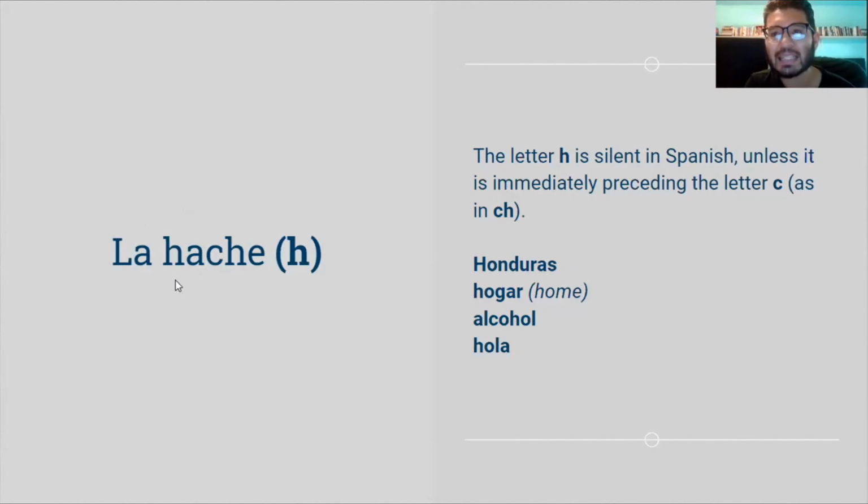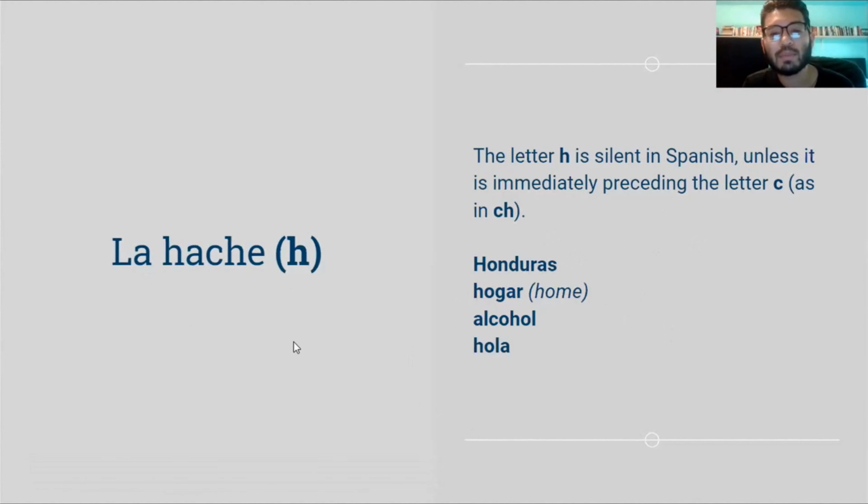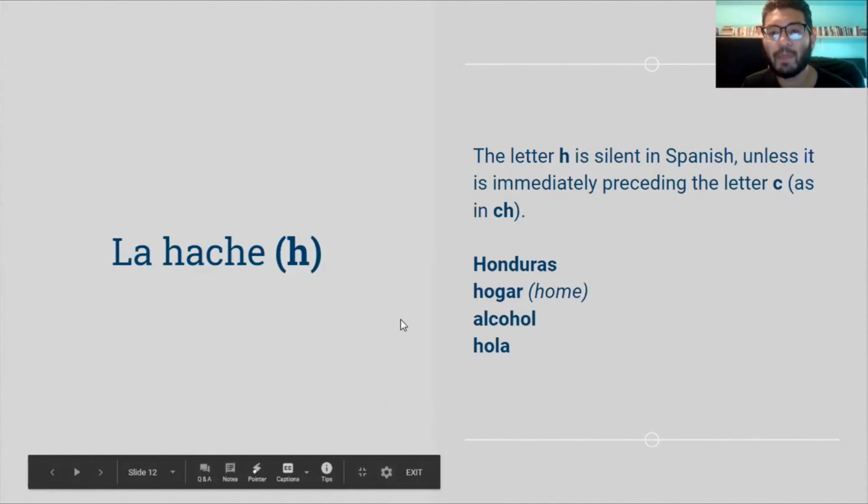We say hache, so we start the word with the vowel A, but then the second appearance of the letter H, that is, when it appears following the letter C, produces a very particular sound, che. That presents the peculiarities of the letter H: most of the time it is silent, unless it comes immediately after the letter C. If it comes after the letter C, then it produces the ch sound.